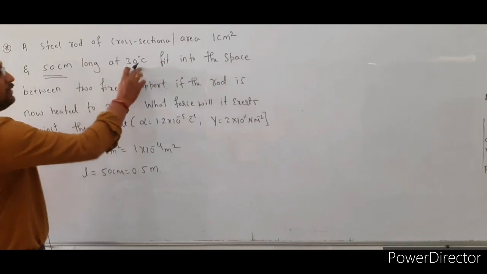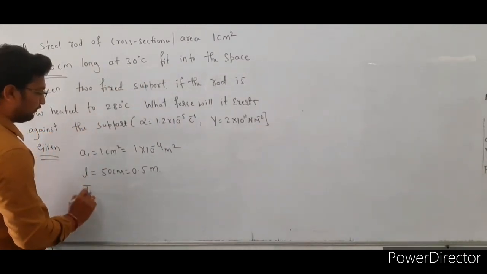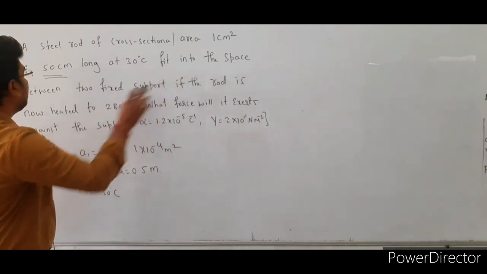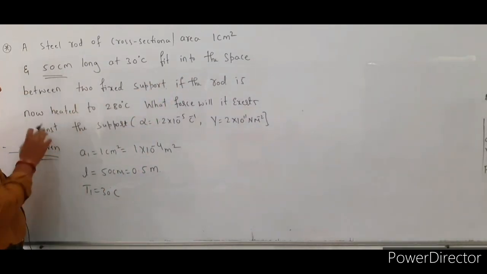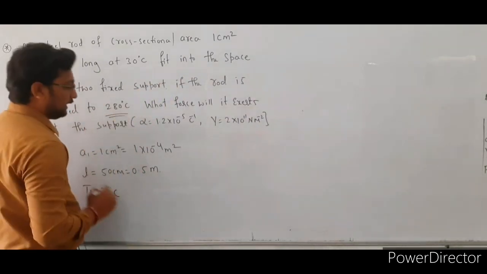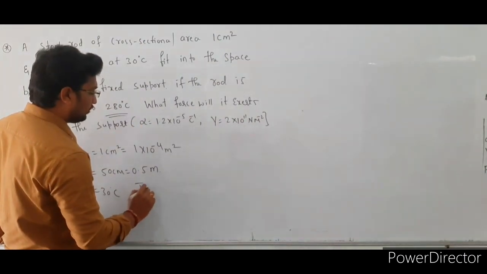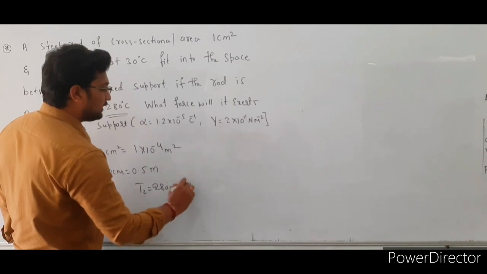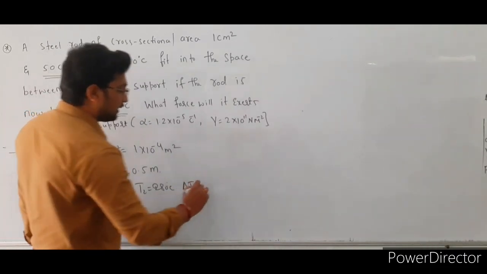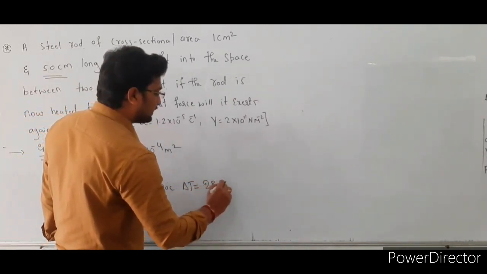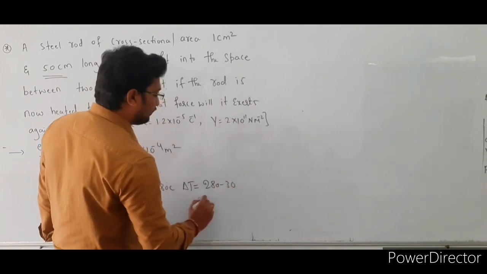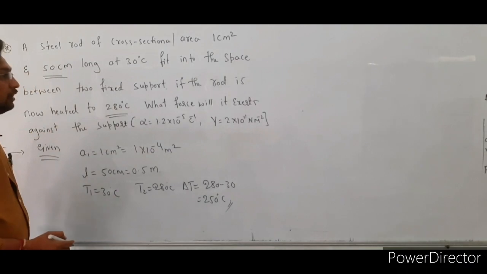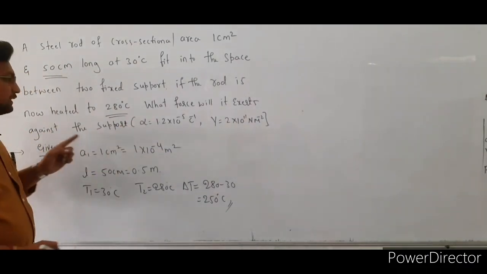And the temperature is given, T1 is equal to 30 degrees Celsius. Next, if the rod is now heated to 280 degrees Celsius, that means the T2 temperature is 280 degrees Celsius, then the change in temperature value is 280 minus 30, which is equal to 250 degrees Celsius, right?